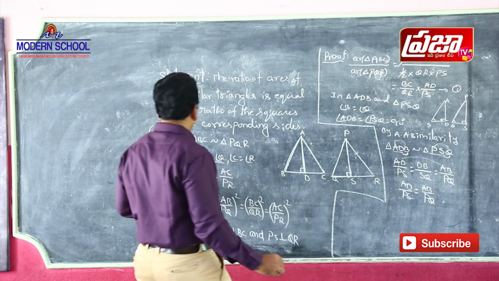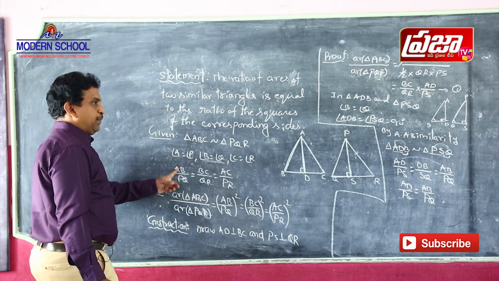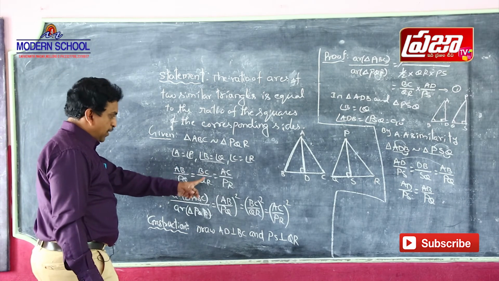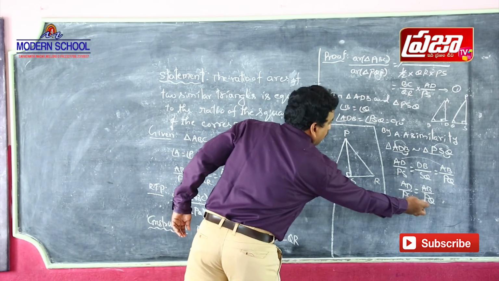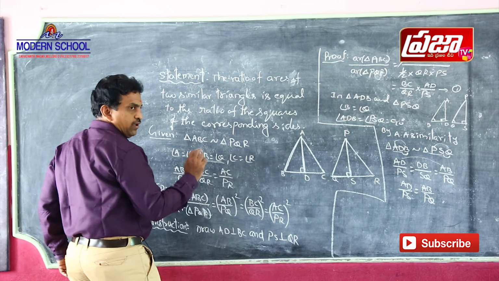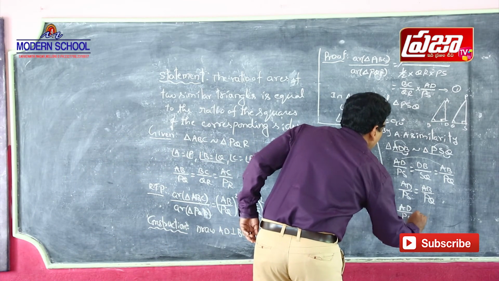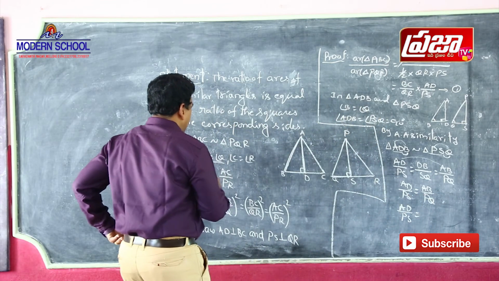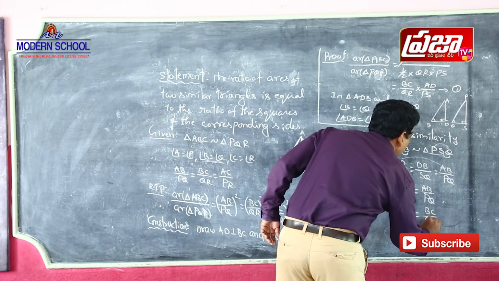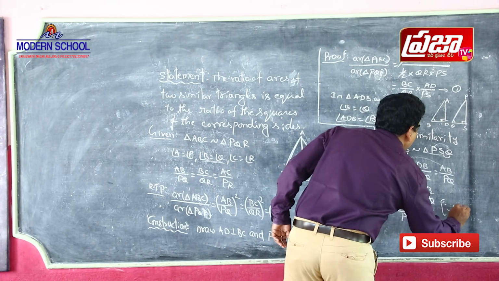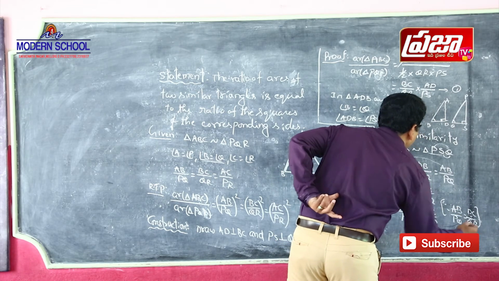But from given data, AB by PQ is equal to BC by QR. So in place of AB by PQ, I am substituting BC by QR. So AD by PS is equal to BC by QR, since AB by PQ is equal to BC by QR.